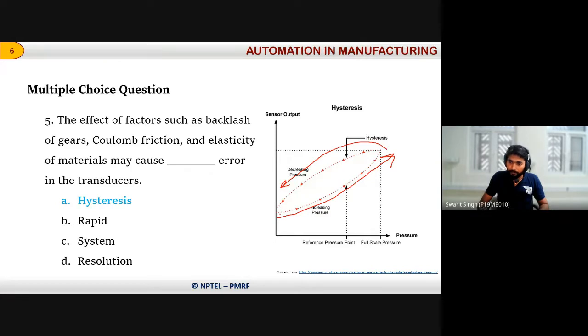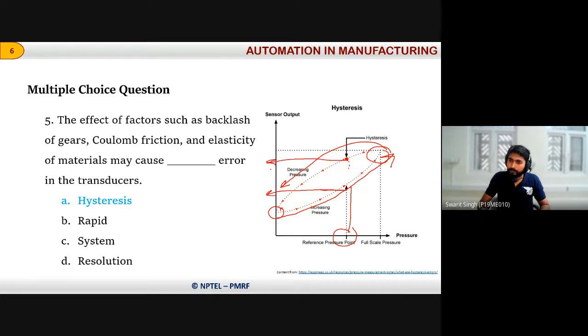Although the starting point and end points are the same, in between, if you want to get the sensor output at a particular pressure, suppose this is the particular reference pressure point, and you calculate the sensor output when you are loading it, increasing the pressure, and when you are decreasing the pressure, the pressure value is the same, but the sensor output is different.